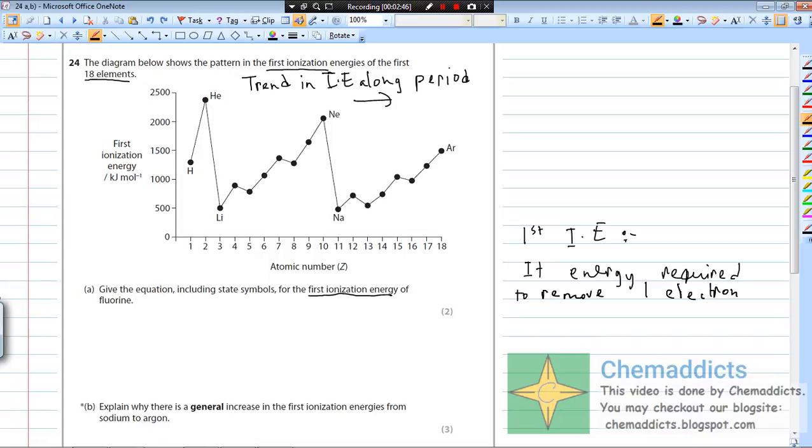So it is the energy required to remove one electron from each of 1 mole of gaseous atoms.